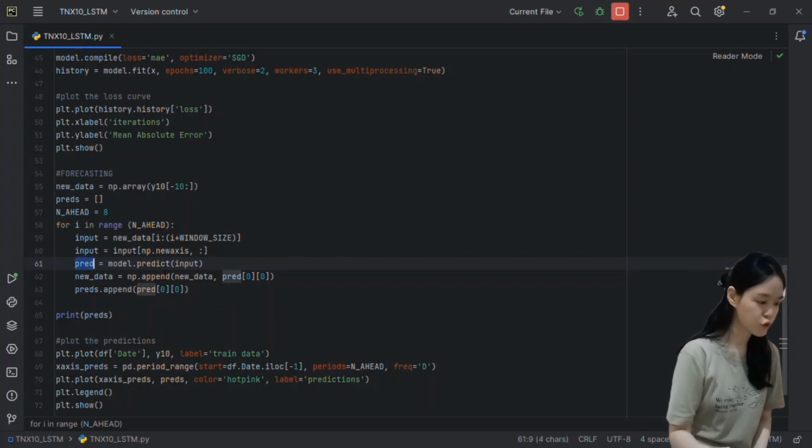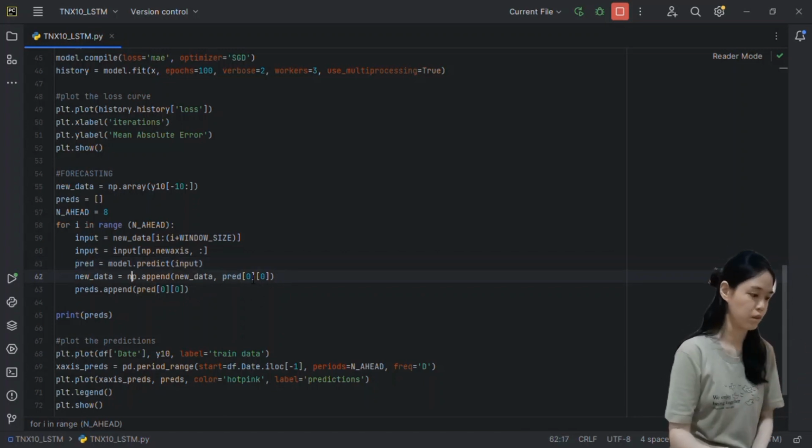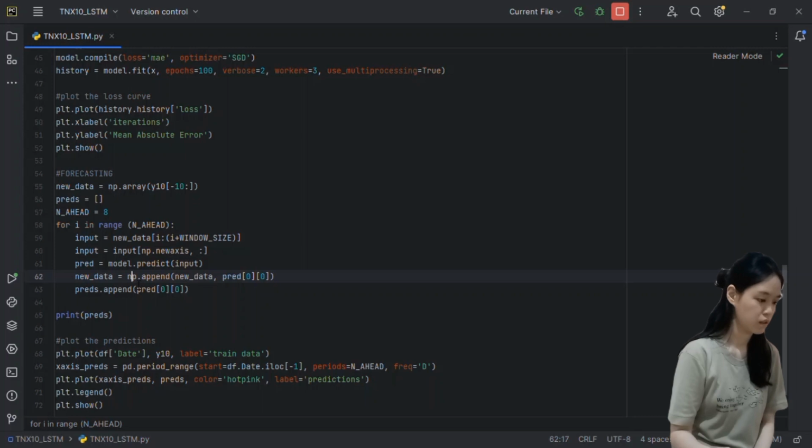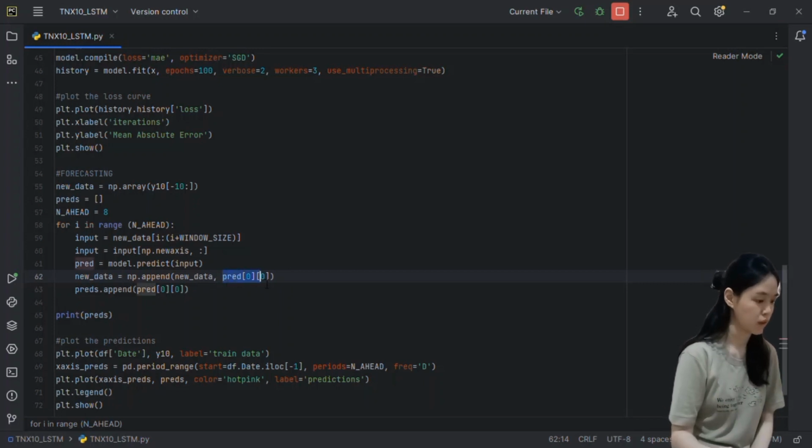And then the prediction that we get is a matrix of 1 row and 1 column. So that's why, well, not a matrix actually, but it's not an array either. It's not a scalar either. So that's why we need to index it like that.